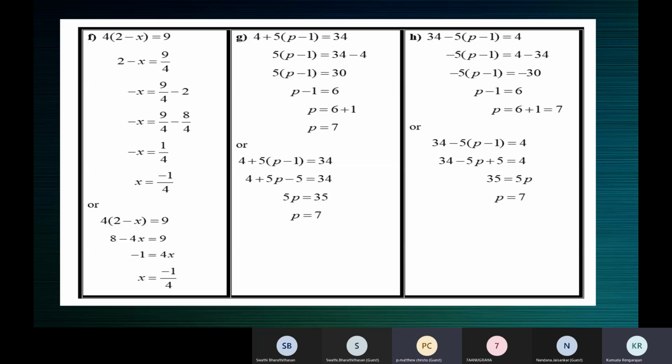That means it's positive, correct? Yes, ma'am. So plus 34 comes to the other side as? Minus 34, ma'am. And then we have minus 5 of p minus 1 is equal to minus 30, ma'am.